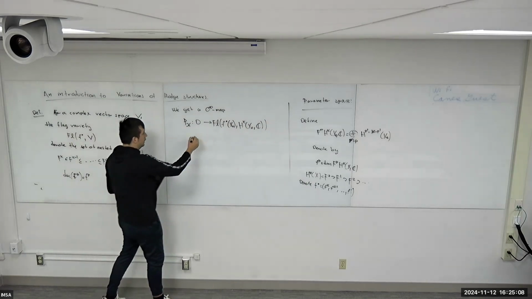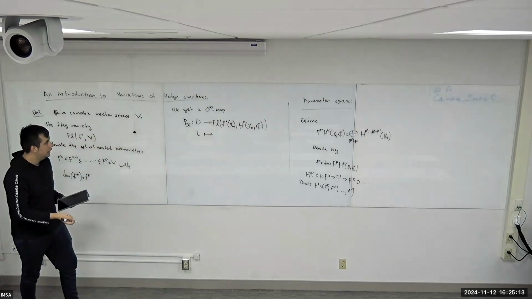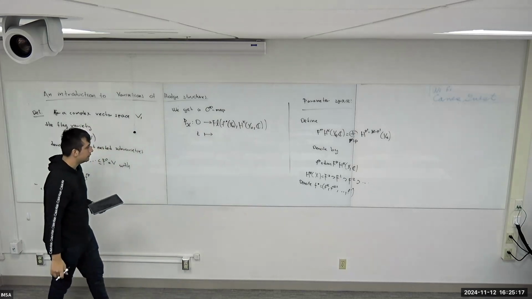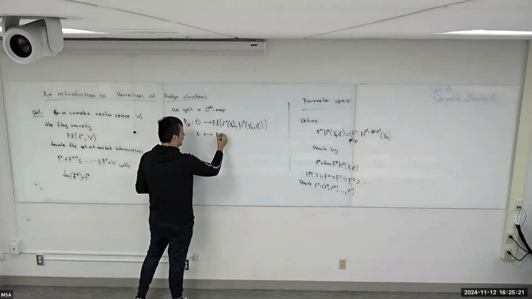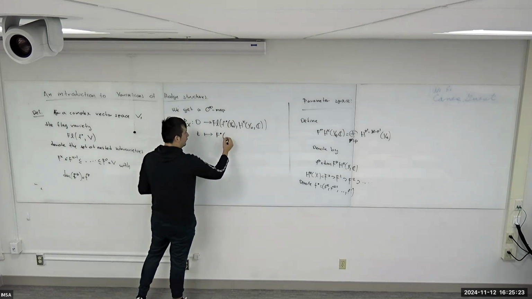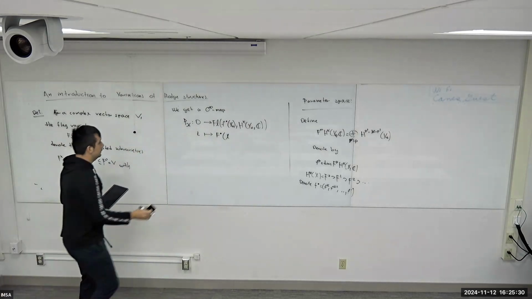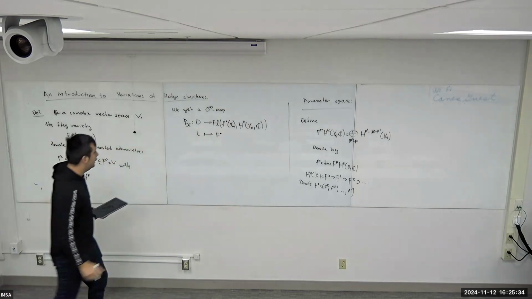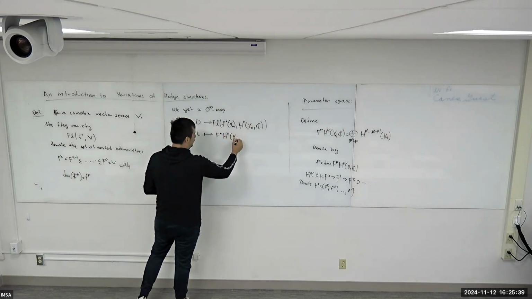And the map is, you will map a point t to the filtration defined by the cohomology of the fiber X_t. So I'm using a little bit here the notation.